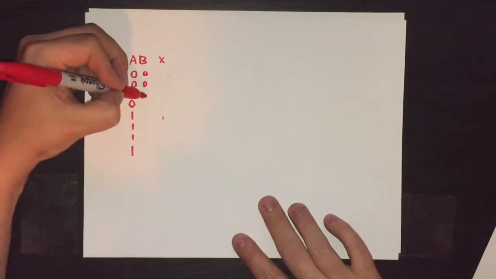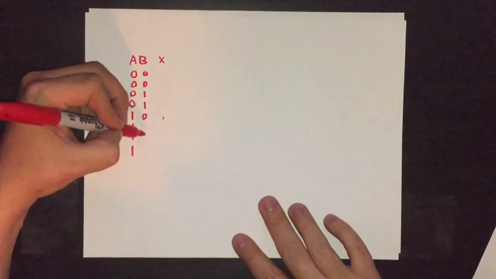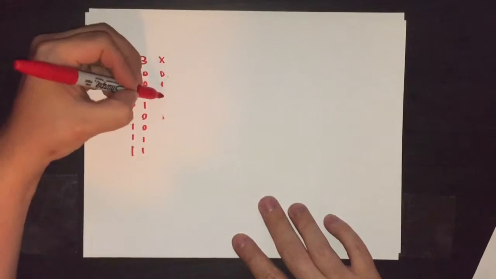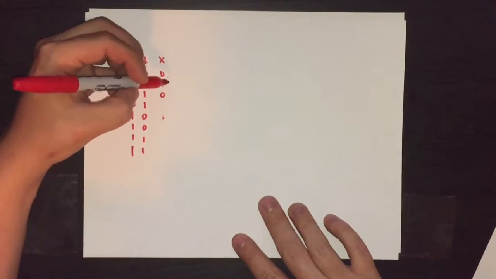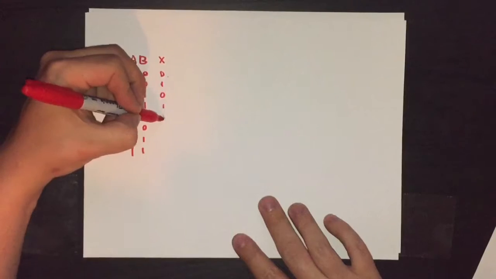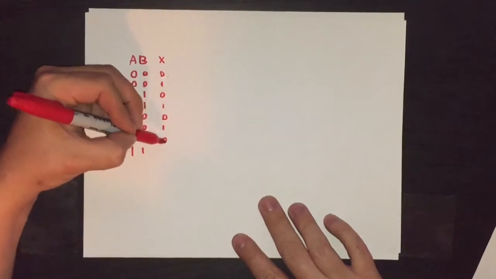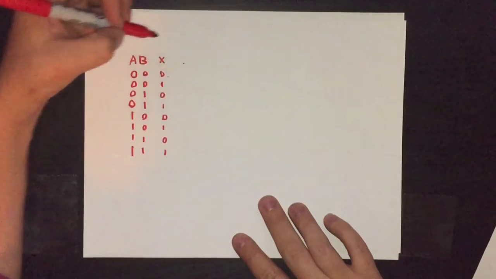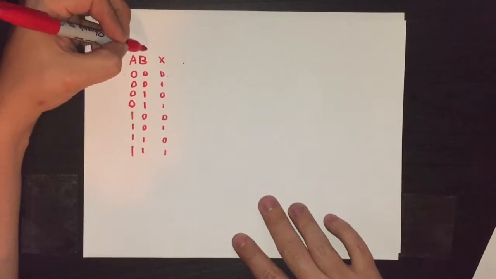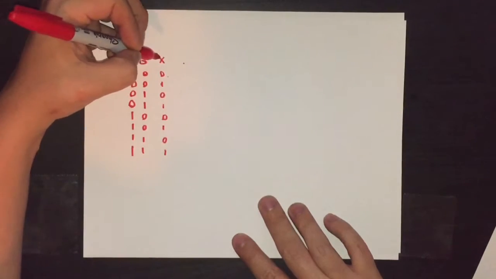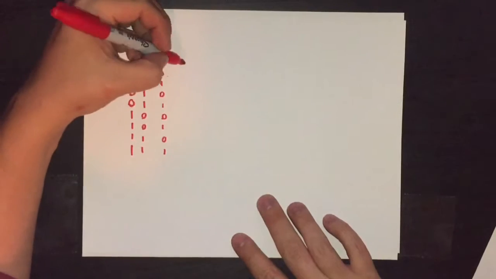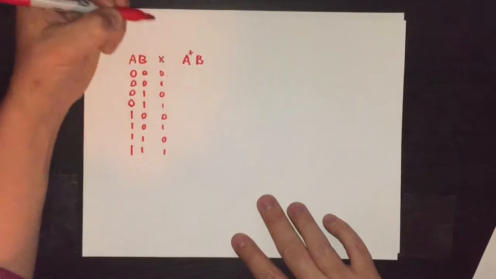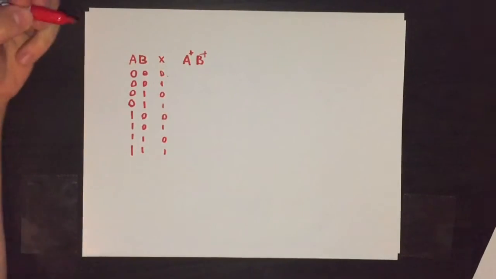Go with the B's, and the input values. Alright, now we want to do the next state. So what happens to AB when the input is 0 or 1? What state does it go to? And we'll call that A plus B plus.